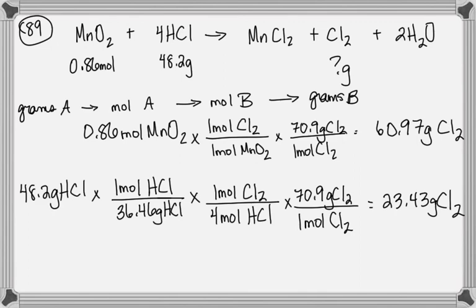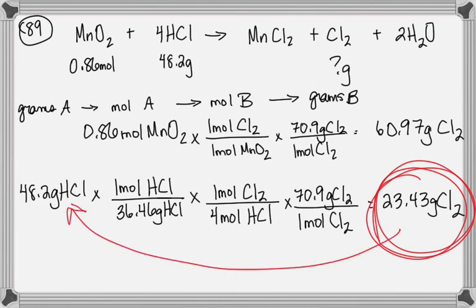That's my limiting reactant. So when it says how many grams of chlorine, the smaller amount of product is the right answer. And when it says, what are you going to run out of? The HCl is the limiting reactant. That's what I'm going to run out of.